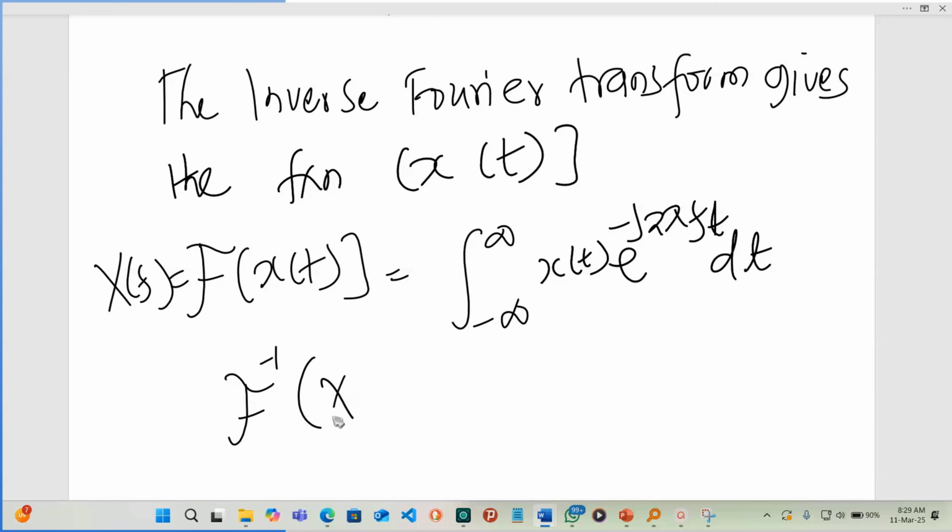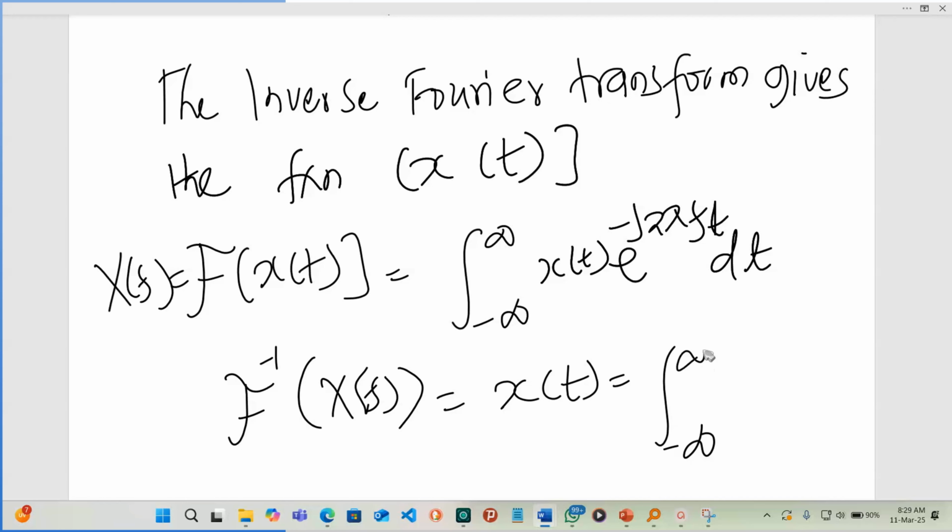Then the inverse of X of f becomes x of t, which is equivalent to the integral from negative infinity to infinity of X of f exponential of j 2 pi f t with respect to f. So you have to mind the difference between this component here and the component there.